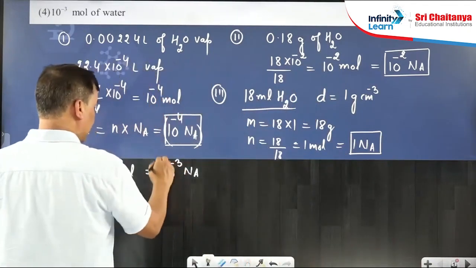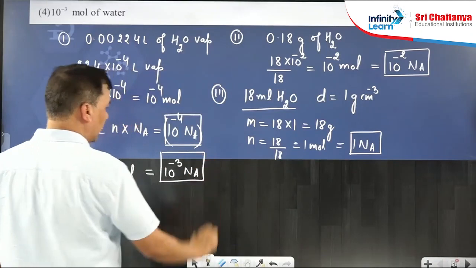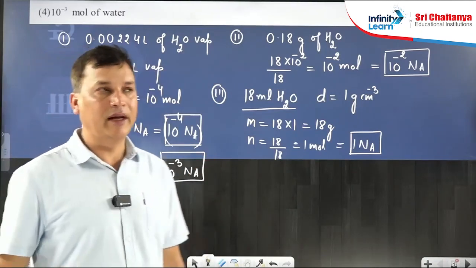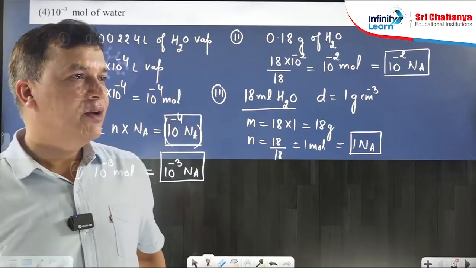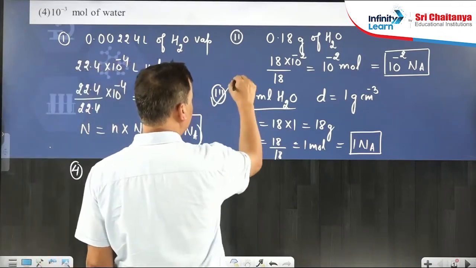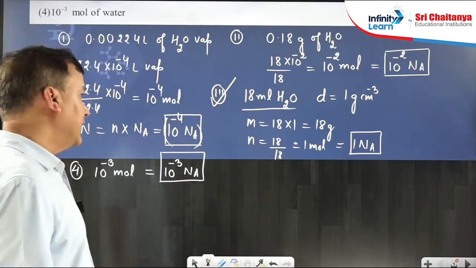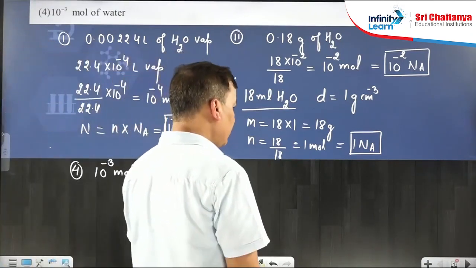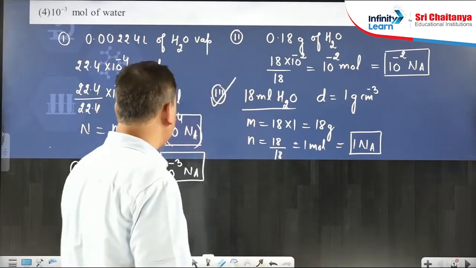In the fourth, 10 raised to power minus 3 Na. So please tell me, which one is the correct option then? The correct option will be this one. Is that clear or not? Then we are moving to the next slide, next question.